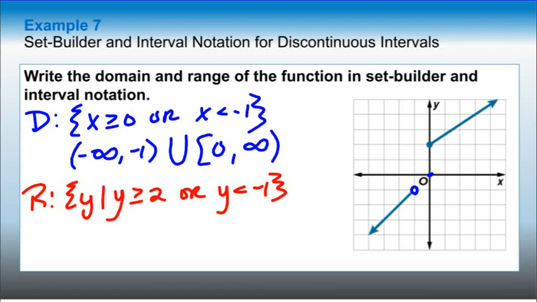For interval notation, we would have negative infinity to -1, all in parentheses, union, and then we would have brackets 2 because it equals 2, and on the high side that would be positive infinity with parentheses.